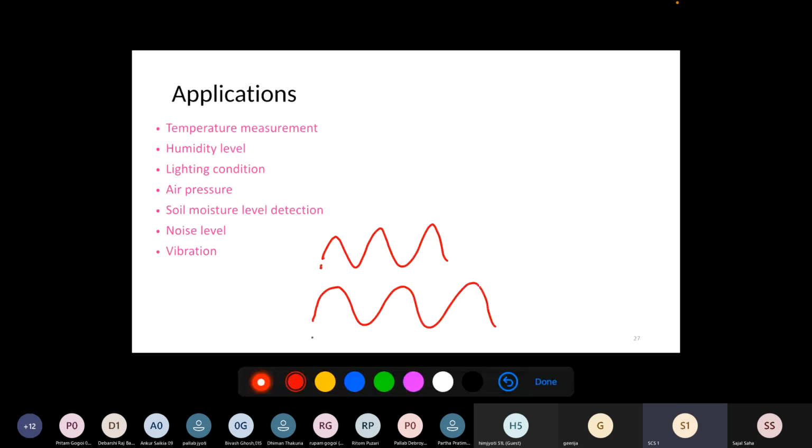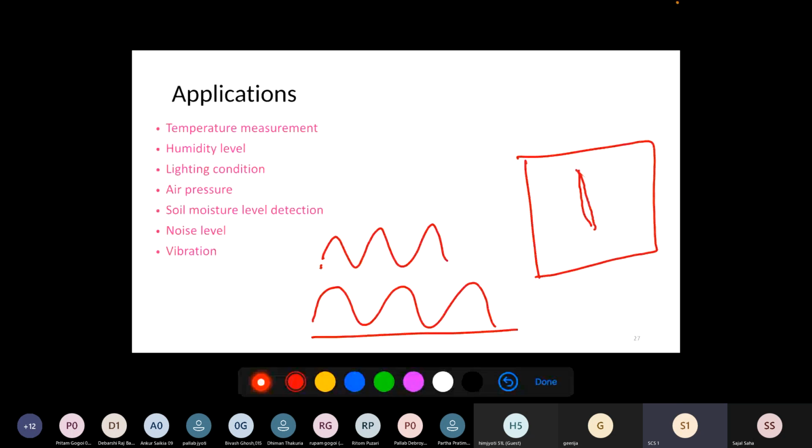Now, if any crack happens, suppose this is my concrete, and inside this concrete a crack happens, then whenever they send this signal, it will go inside the crack where there is a presence of air. Whenever it goes through the air, the signal will immediately get distorted like this.